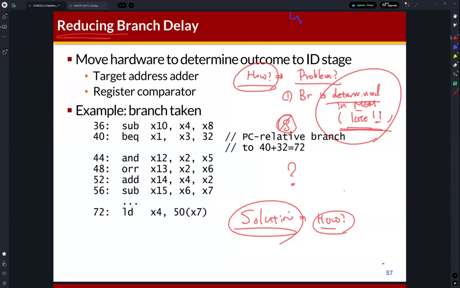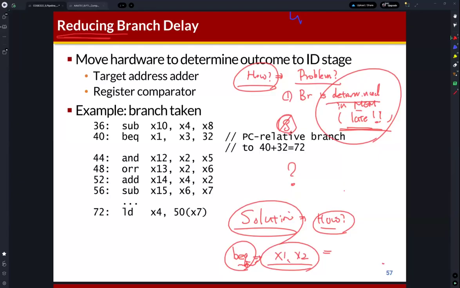Actually, we assume our pipeline processor only supports BEQ, right? Then what is required in order to perform BEQ with x1 and x2? We need to check the equality between the two register operands.